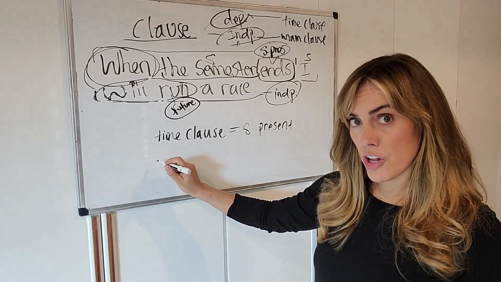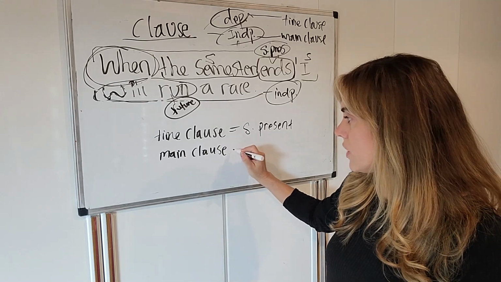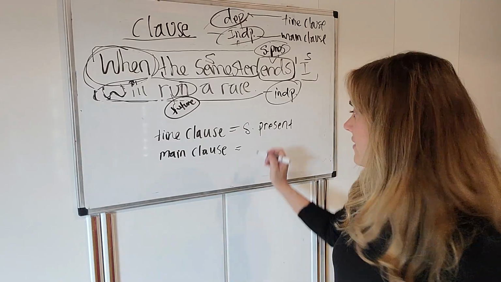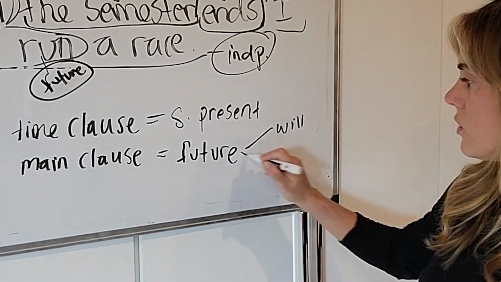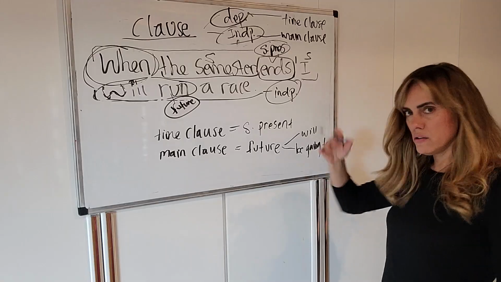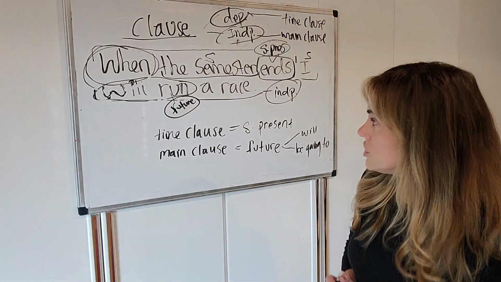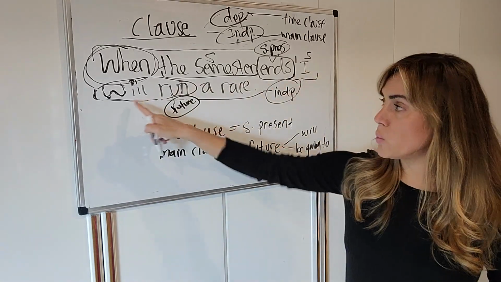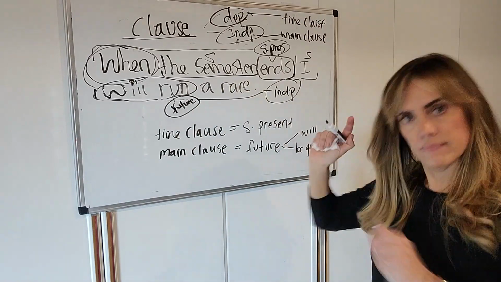The main clause, or the independent clause, whatever you want to call it, must have a verb in the future, okay? And that can be will, or it could be going to. Whichever one you want to use, it doesn't really make a difference. So, when the semester ends, simple present, I will run, or I am going to run a race.